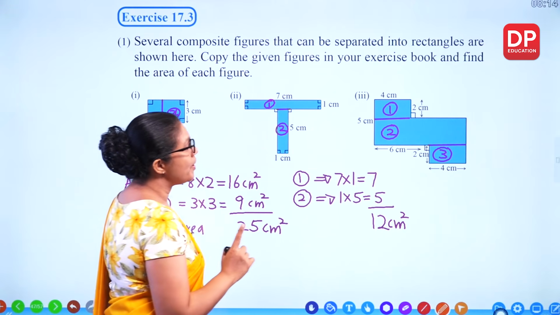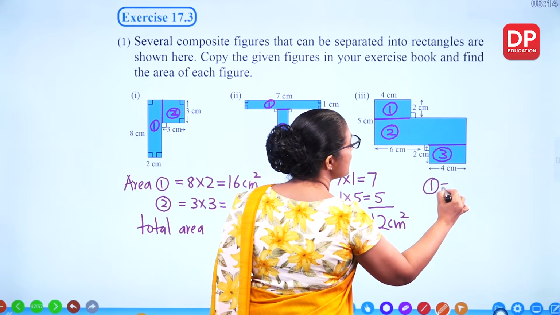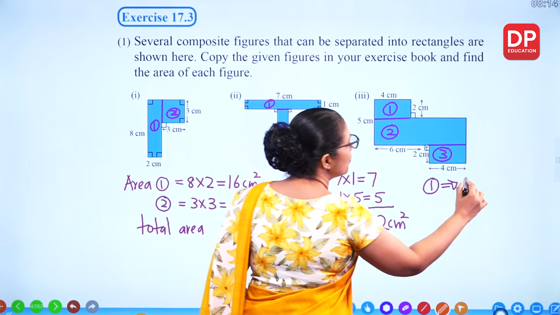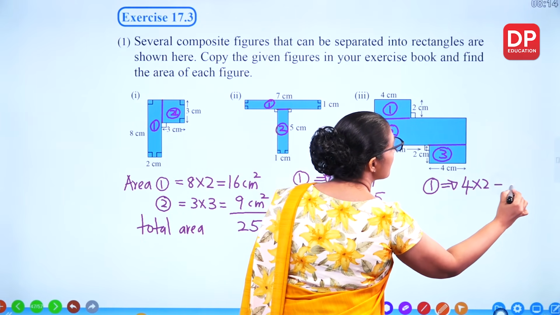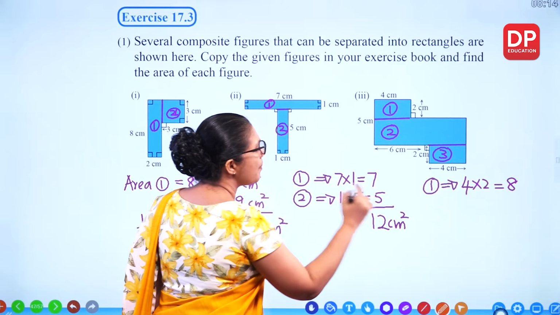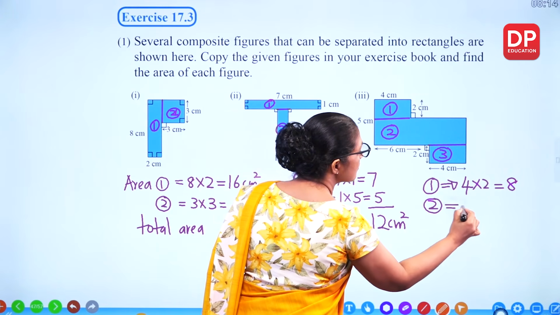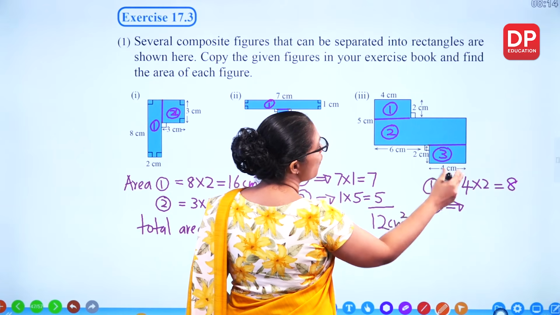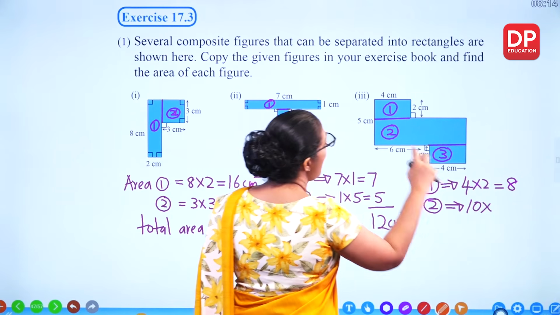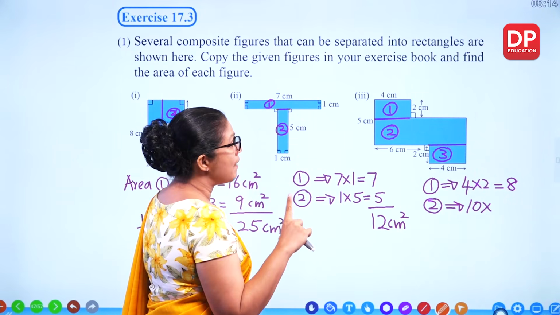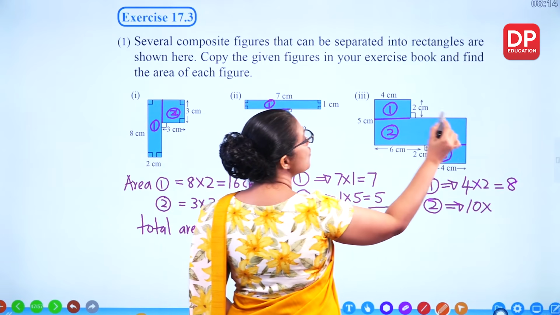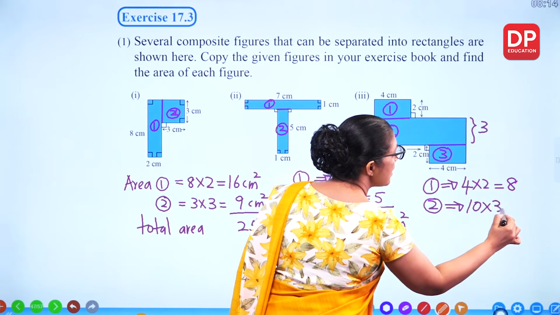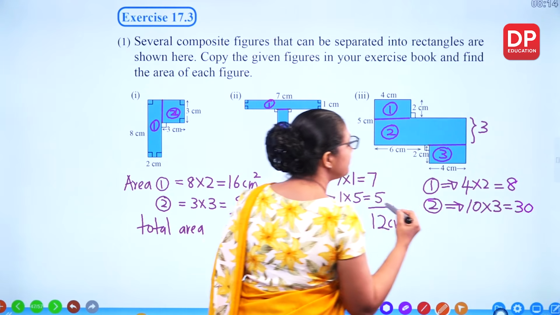Next one, into 3 parts. What's the area of the first part? 4 into 2. 8. Second part. What's the total length? 6 plus 4, 10. And what's this height? 5 is the bigger one. 5 minus 2, this becomes 3. So 10 times 3, that's 30.